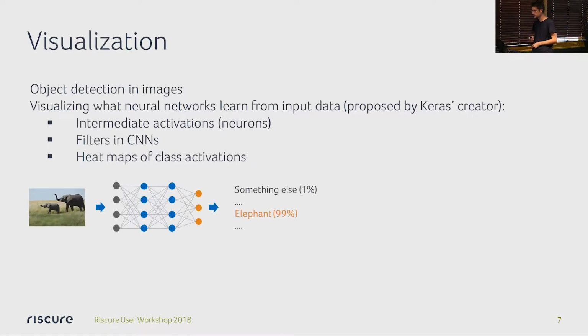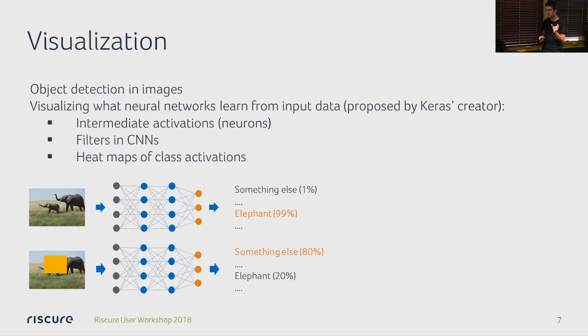But one of the methods that he proposes is how to understand, if you have an image, what the neural network is capturing from that image to make the decision. For example, if we have a picture of elephants and a neural network trained to recognize elements in pictures, and the network says this picture is an elephant with 99% confidence.